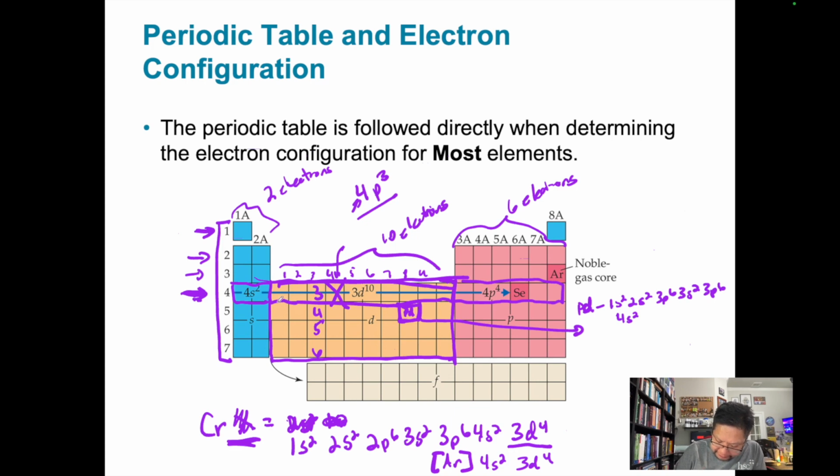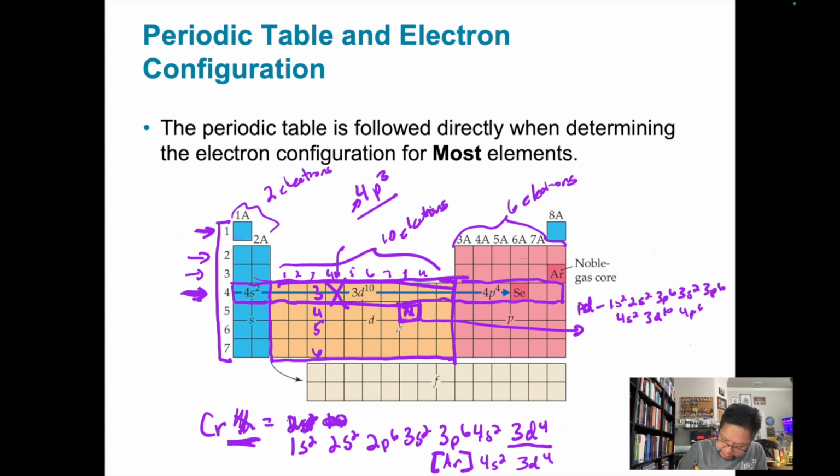Remember the n for the transition metals is actually n minus 1, so it's a 3. So 1, 2, 3, 4, 5, 6, 7, 8, 9, 10. That is going to be 3d10, right? And then what's after 3d10? We're back to n equals 4, so that's 4p6.